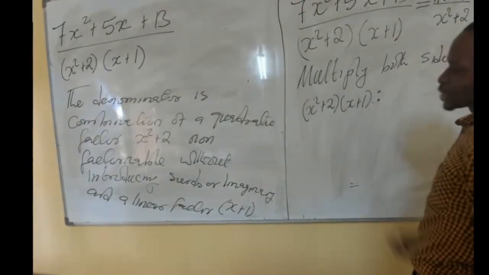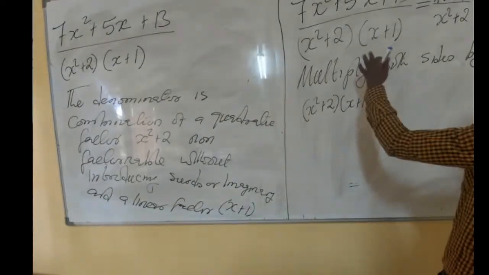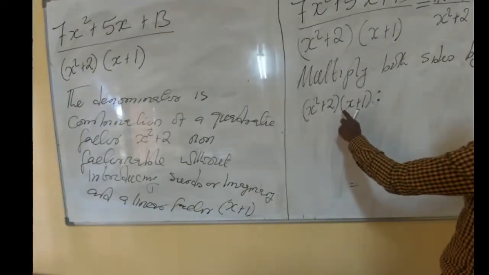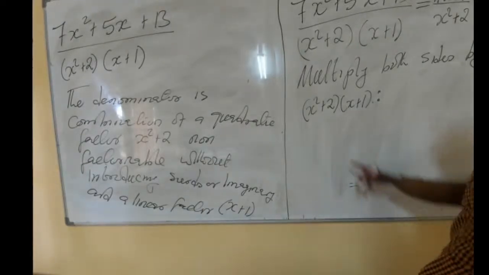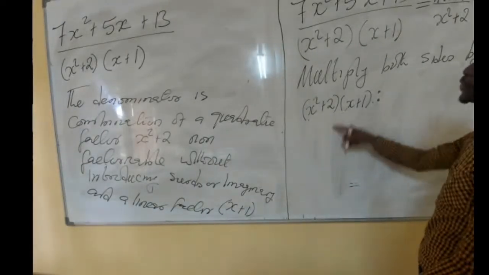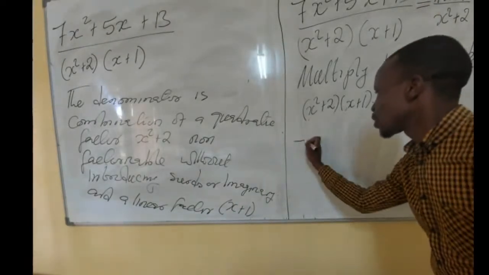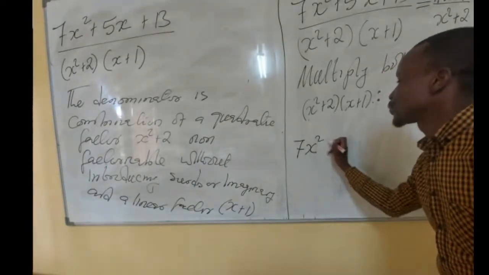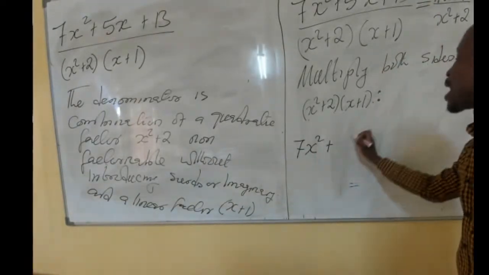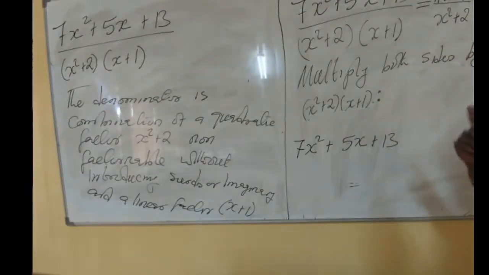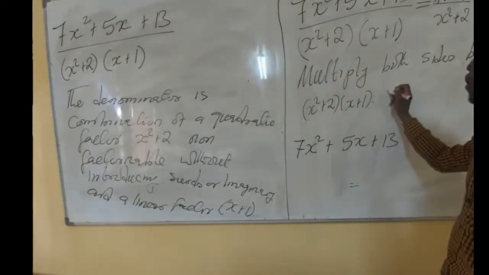So if I multiply the left hand side by x squared plus 2 times x plus 1, this will cancel with the denominator. So we are just going to have the numerator 7x squared plus 5x plus 13.